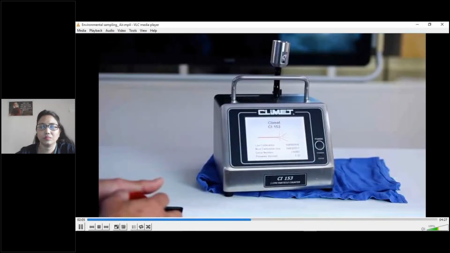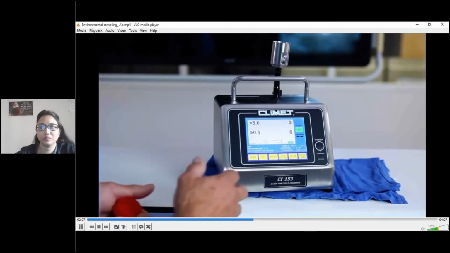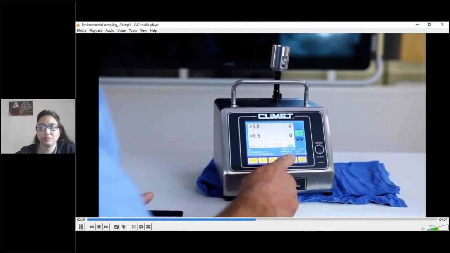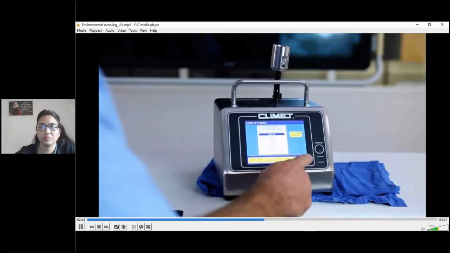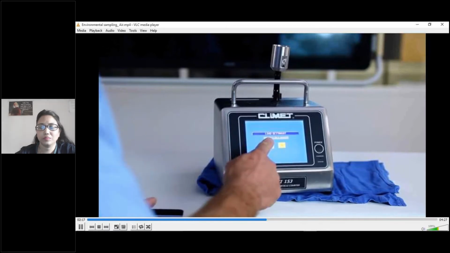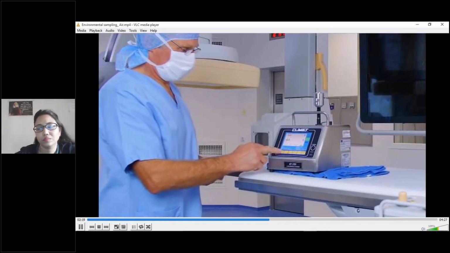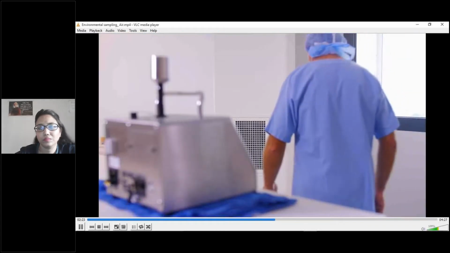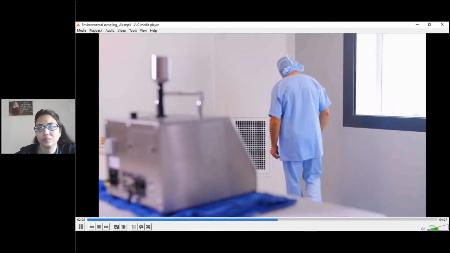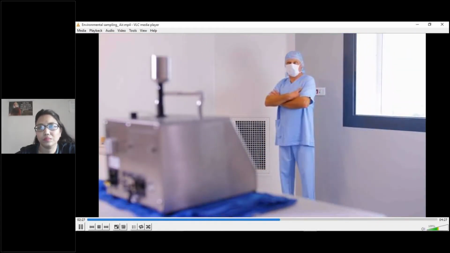Carry out the count in compliance with the pre-established sampling plan. If necessary, wait for the particle level to stabilize before starting the count. Measure at least 1 micrometer for the ISO 5 and 0.5 micrometer for the ISO 6, 7, and 8 classes. Keep still or move out of the area if the particle count has a delayed start function.